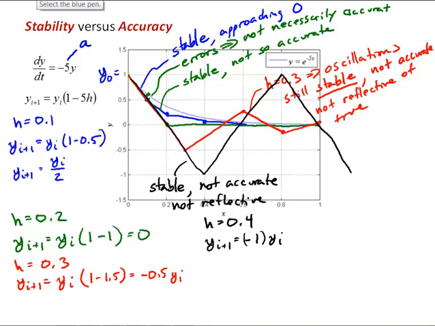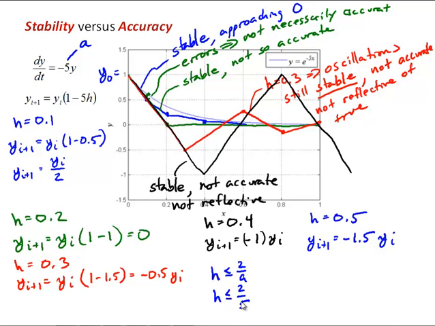So finally, let's go to h equals 0.5, and at h equals 0.5, we get yi plus 1 is equal to negative 1.5 times yi. Now note here, h equals 0.4. Remember, our stability criterion was that we wanted h to be less than or equal to 2 over a, or h less than or equal to 2 over 5, or h less than or equal to 0.4.